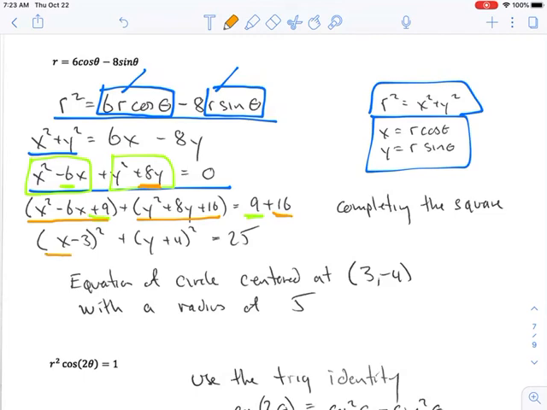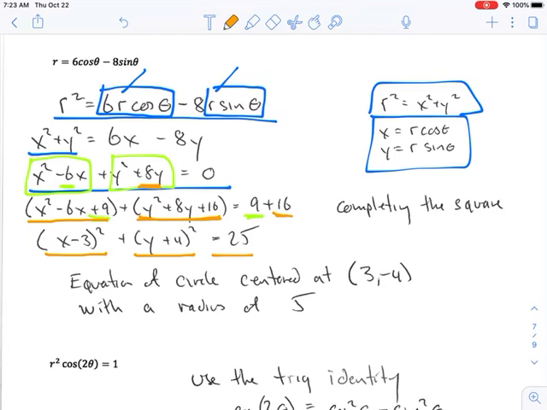Well, this is a perfect trinomial square. It can be factored into x minus 3 times x minus 3 or x minus 3 squared. y squared plus 8y plus 16 is another perfect trinomial square, which can be factored into y plus 4 quantity squared equals 25.